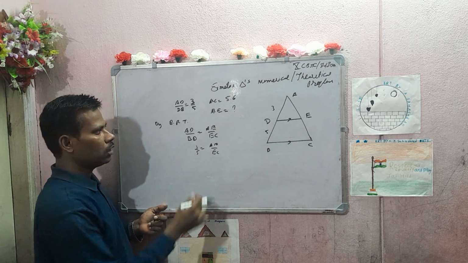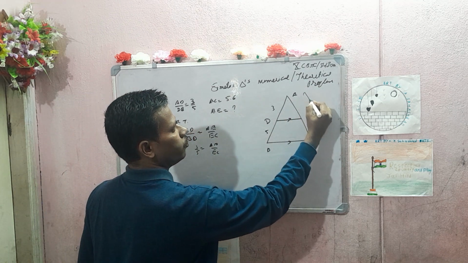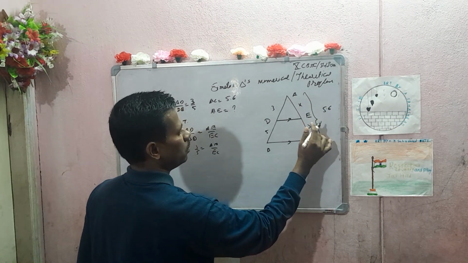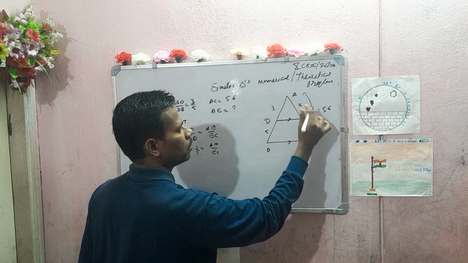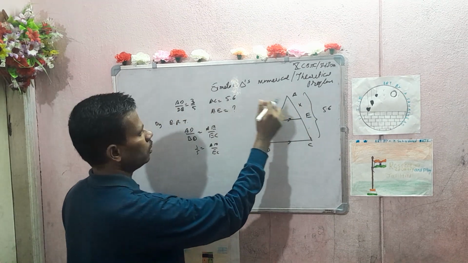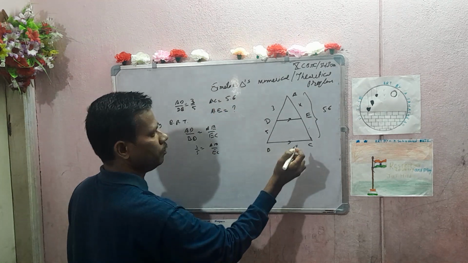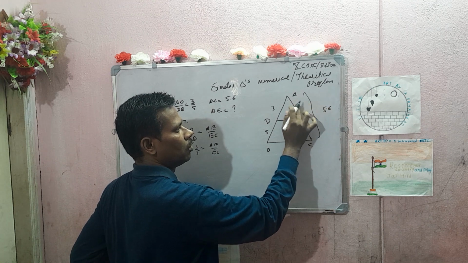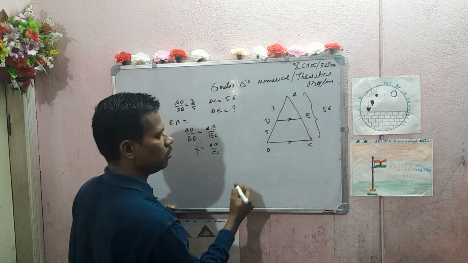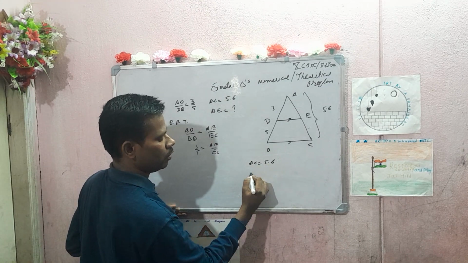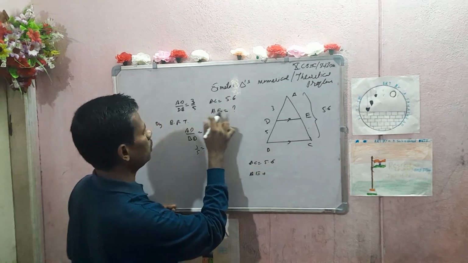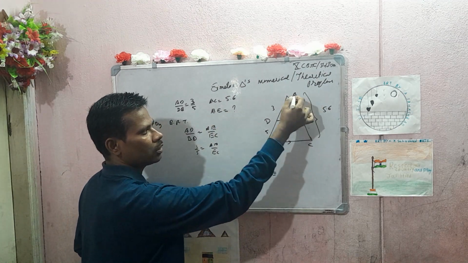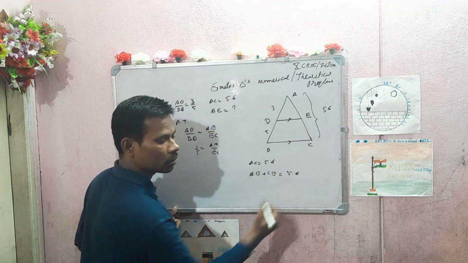Now, the total length AC is 5.6. AE plus EC is equal to 5.6.